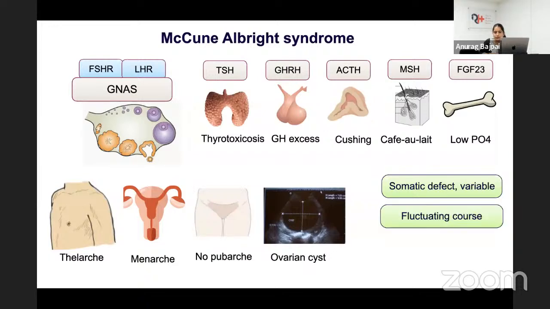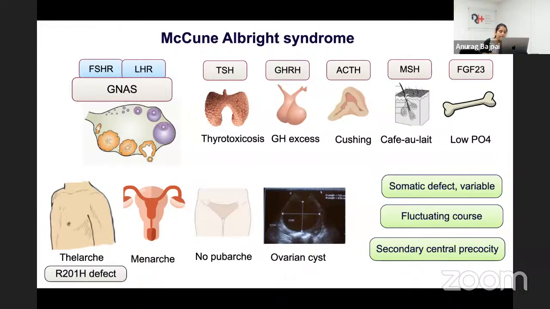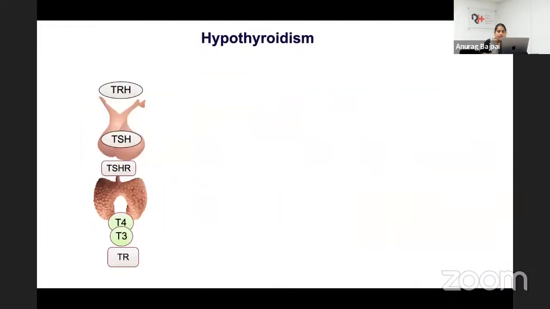So they have a fluctuating course, and they can also lead to secondary central precocity. This is mainly due to the R201H defect. 50% of them is germline mutation, and 90% of them is due to somatic mutation.